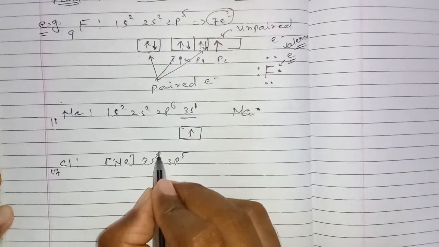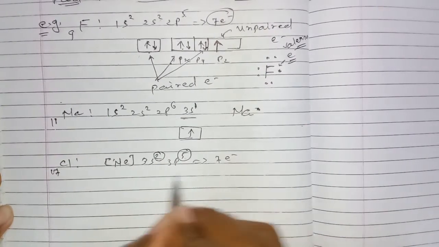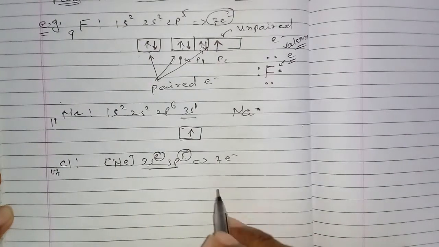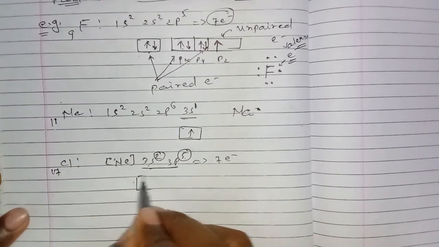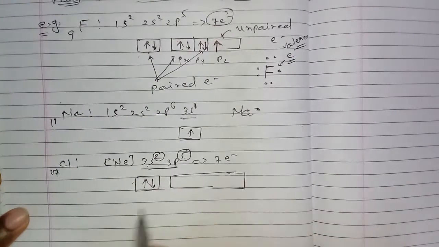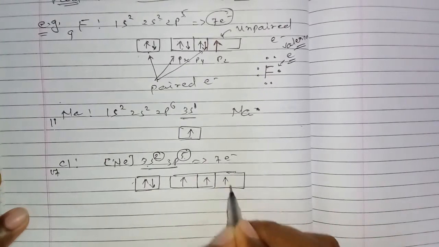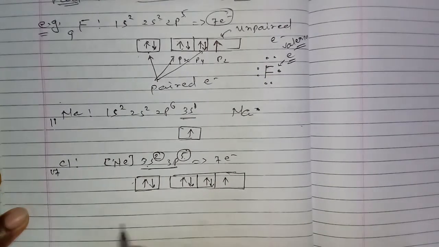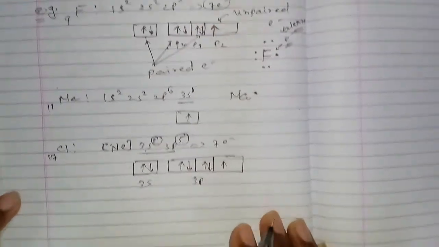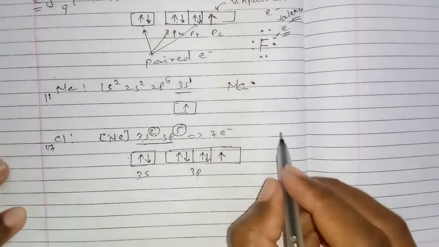There are 7 electrons in the outermost shell, 2 plus 5, 7 electrons in the third shell. In the 3p orbital there is a single electron.